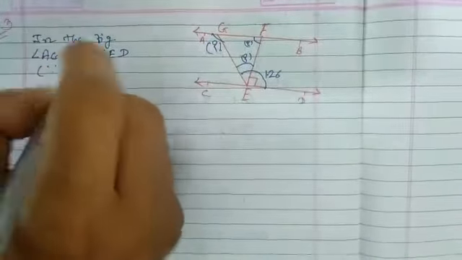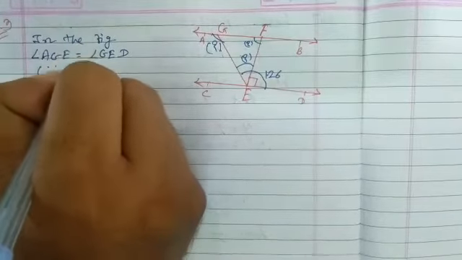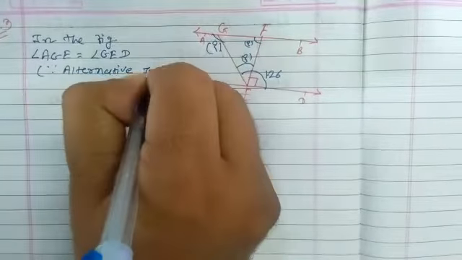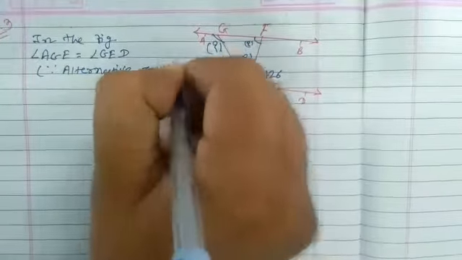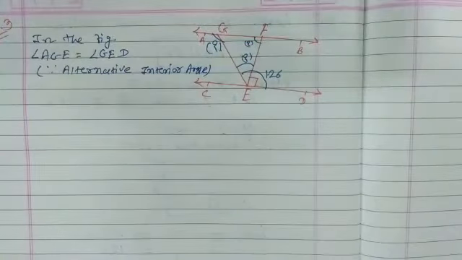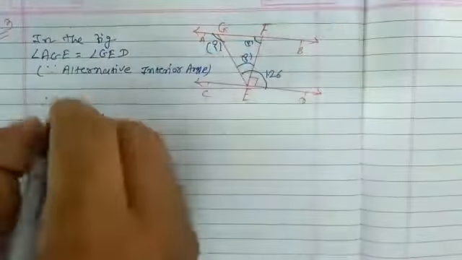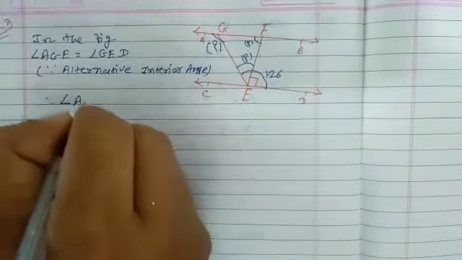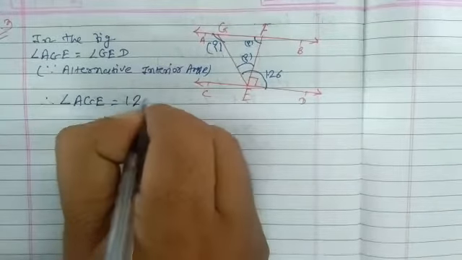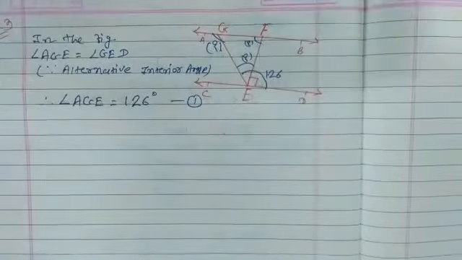We can write here the reason: because of alternate interior angles. That's why angle AGE will also be 126 degrees. So this is the first answer.